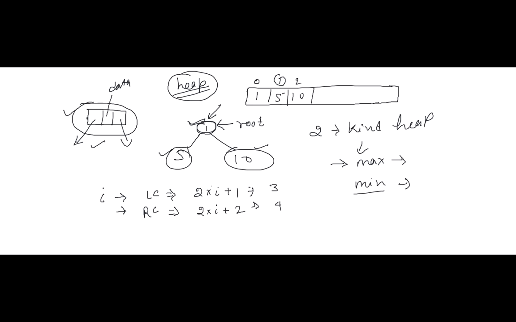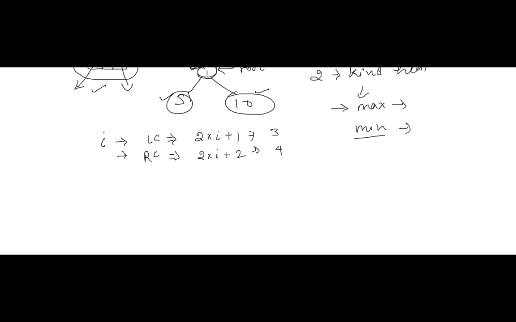Let's say we have some other values, say 50 and 60. This will be the left child for this, and the right child for this, and so on. Whenever we are inserting anything, let me scroll down.